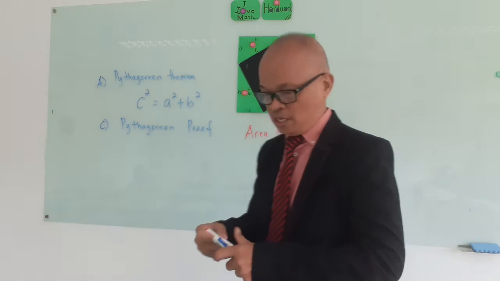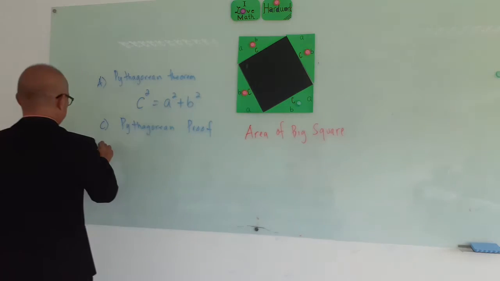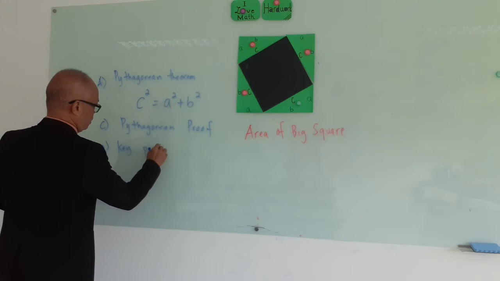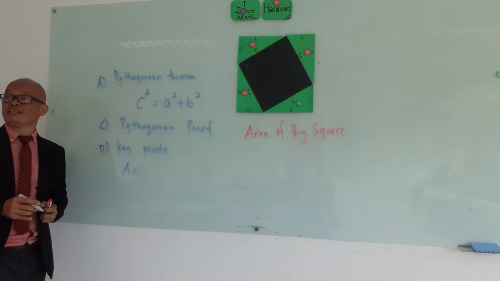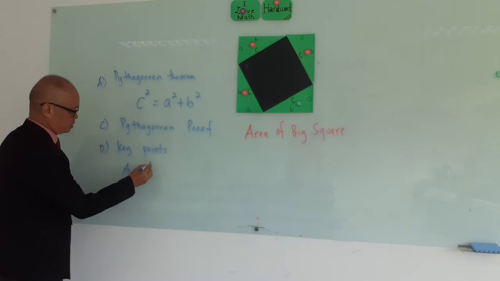Here are the key points to remember. What is the formula for the area of a square? Side times side, or S squared.